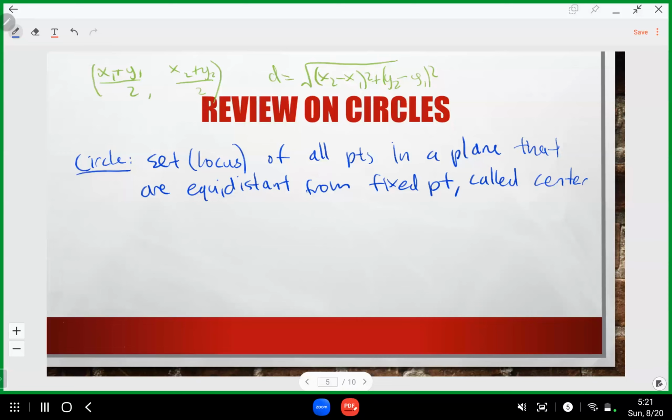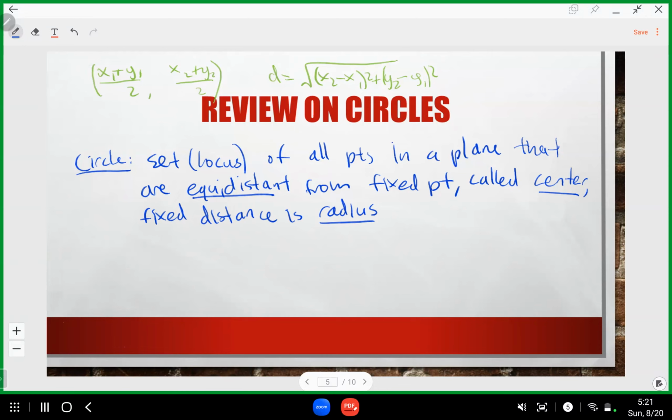And basically, the fixed distance is the radius. The only important thing you take from this definition is equidistant from the radius. That's all we need to find whatever, right?